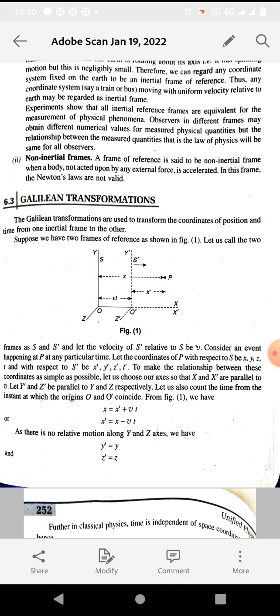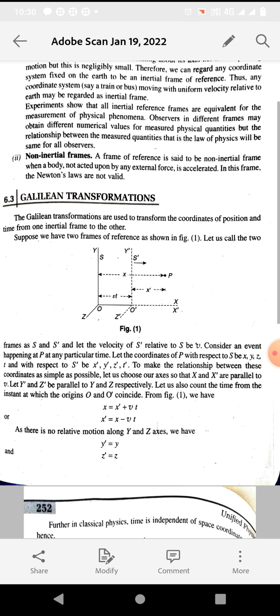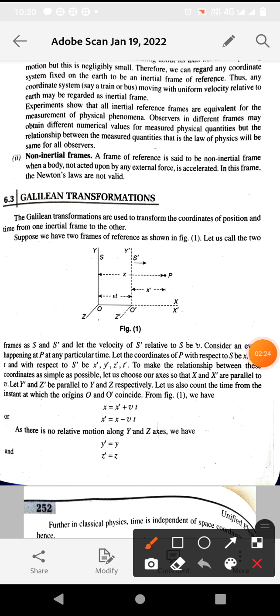And we consider another frame S dash, moving relative to S, whose coordinates are x dash, y dash, and z dash. An event occurs in space that is observed by S.